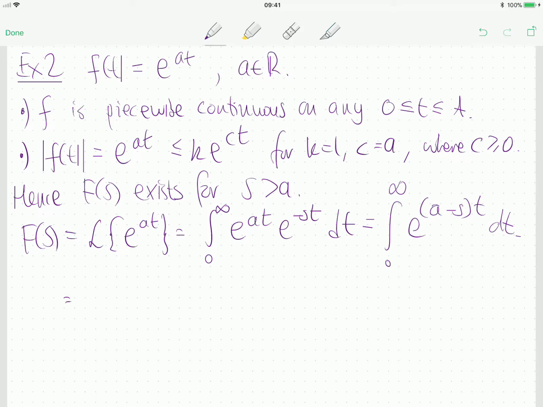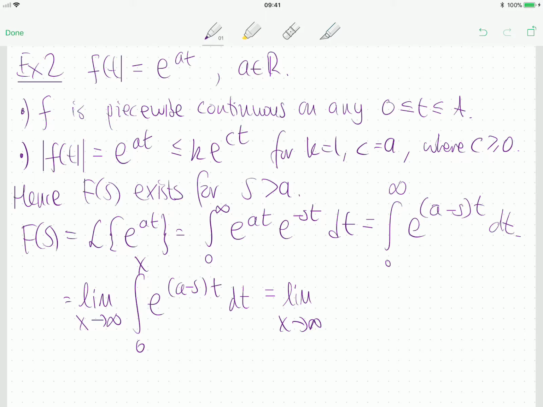Well, how about this infinity in the integral limit we saw before? This is just the same as taking some limit. I'm going to use big X again. So the limit, as big X goes to infinity, of the integral from 0 to big X. Okay, so next, let's do the integration.